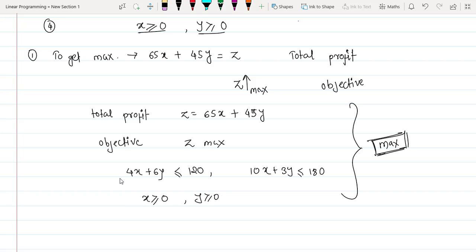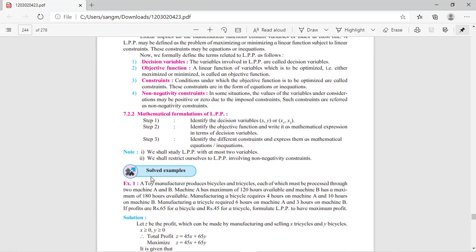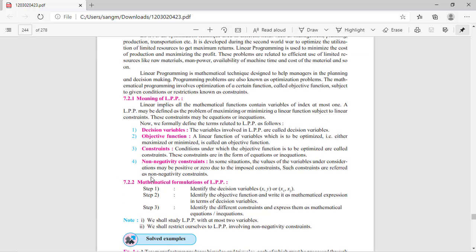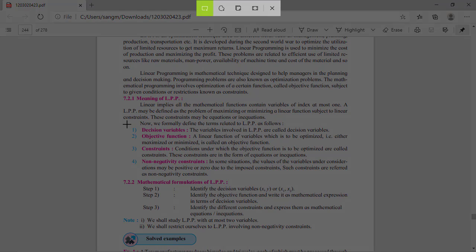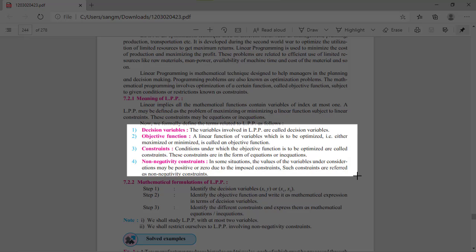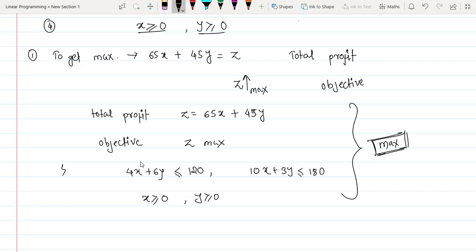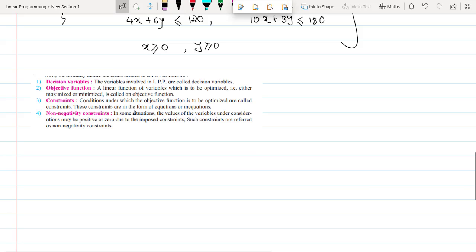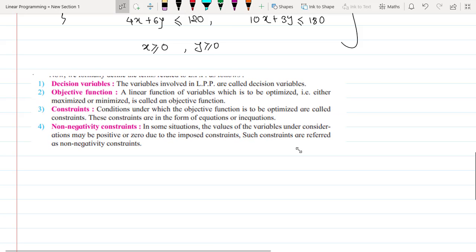Great. Now there are some terminologies which are very important to understand the given LPP. Let's see what those terminologies are. These are the terminologies which are very important as far as any linear programming problem is concerned.